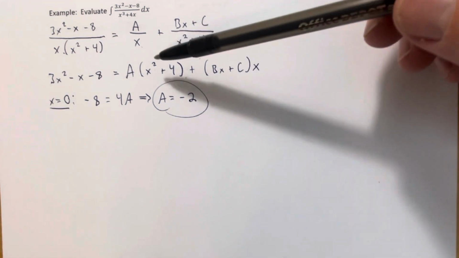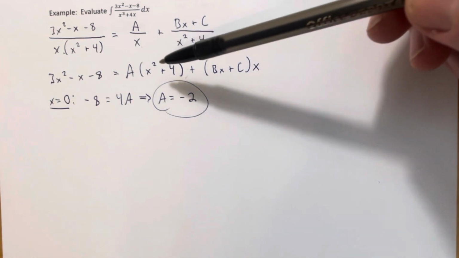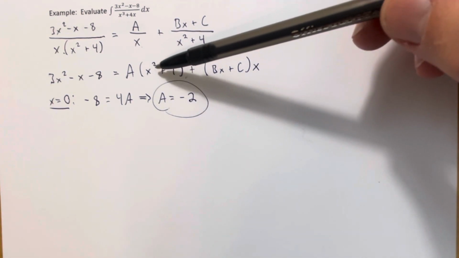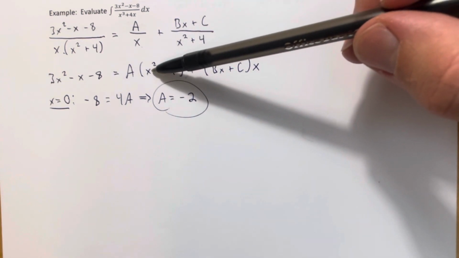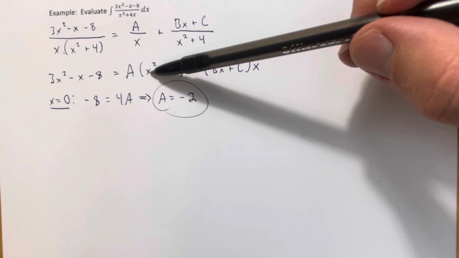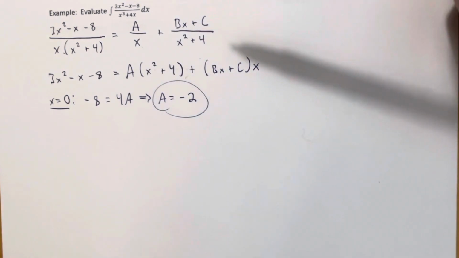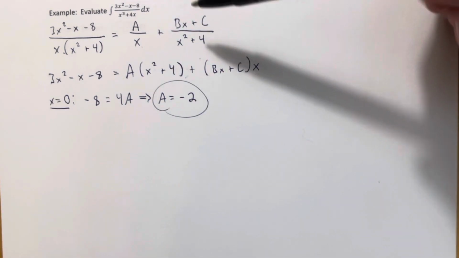The reason I'm saying that is because if you're looking at this other factor right here, you're asking what can I plug in for x to make this thing become 0? There are no real numbers that would do that, because any real number I plug in for x here is going to produce a non-negative term, and then I add a 4 to that, and that could only ever be something positive, never 0.